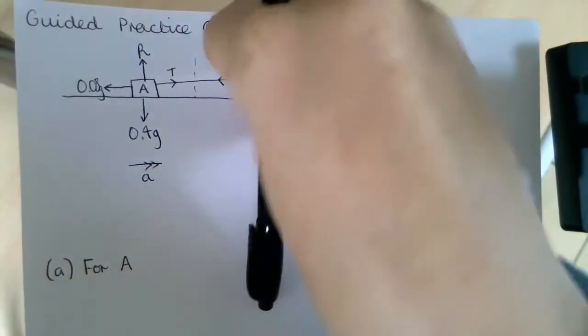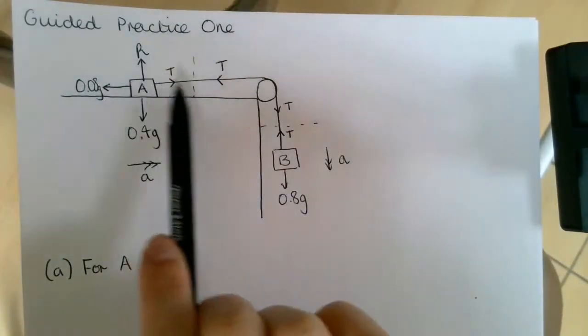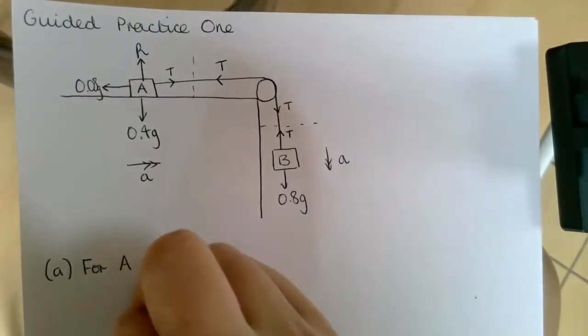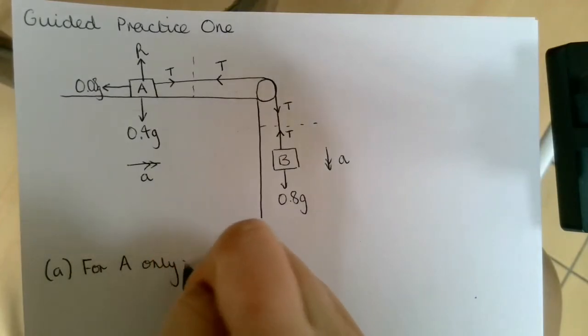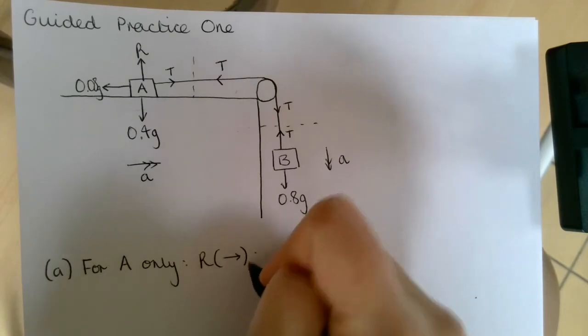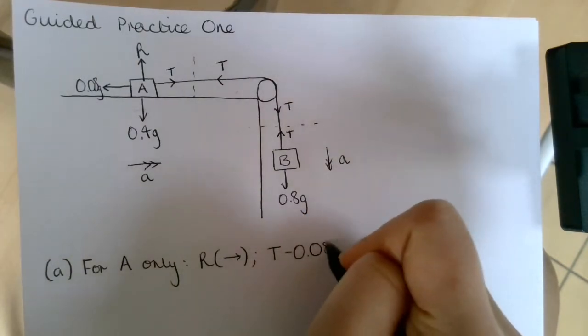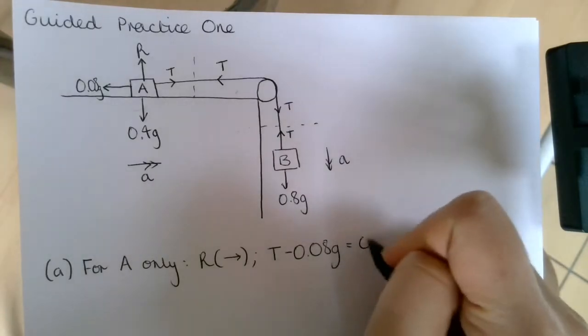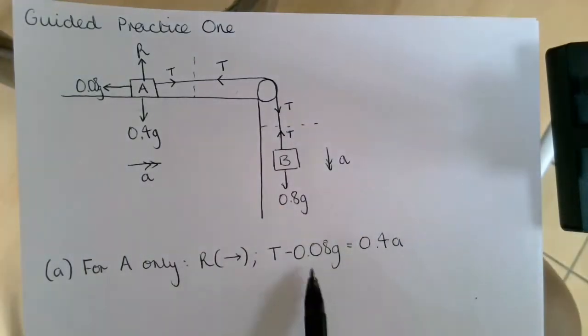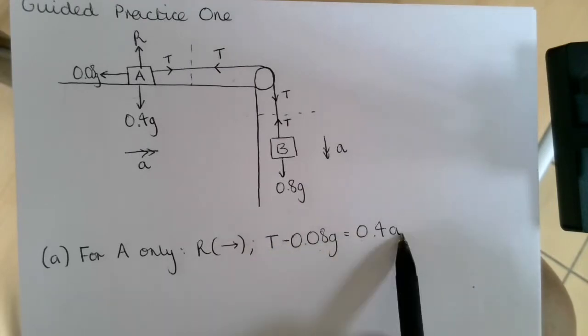So we've got three parts of the system here, which I've separated with these dotted lines, and we're just going to consider A here. For A only, if we resolve in the direction of motion, we get T subtract 0.08 g is equal to 0.4a. Here I've used the resultant force F equals mass times acceleration.